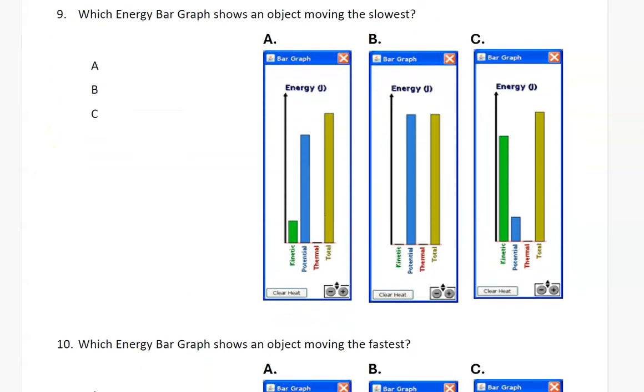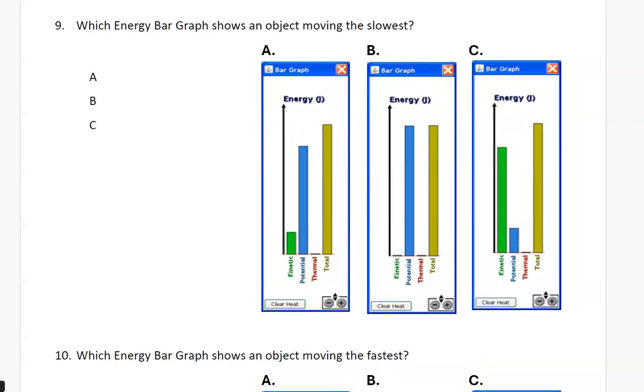Number 9, which energy bar graph shows an object moving the slowest? Well, we know if we're asking questions about height, we look at the gravitational potential energy. But if we're asking questions about speed, we look at the kinetic energy. So the kinetic energy is highly dependent on the speed.